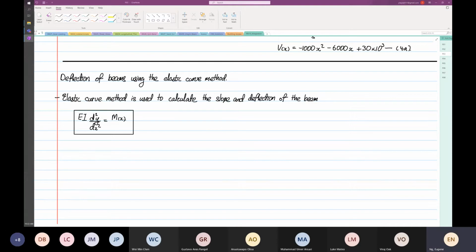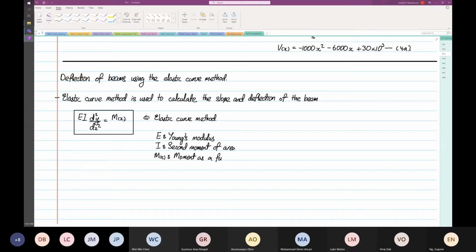This equation is what we call the elastic curve method, where E is the Young's modulus, I is the second moment of area, and M is the moment as a function of x.